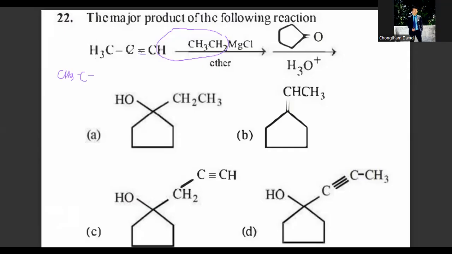Actually, this is a triple bond because carbon is tetravalent. You have to satisfy the octet rule. CH3C triple bond, magnesium chloride. You have to link these two. And you know the product already formed earlier was ethane plus CH3.